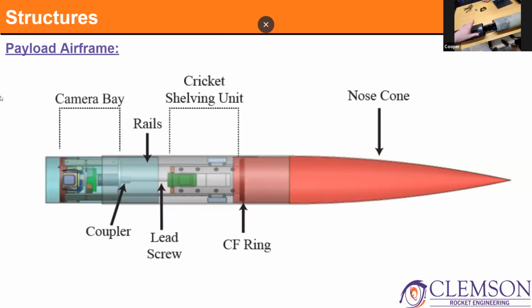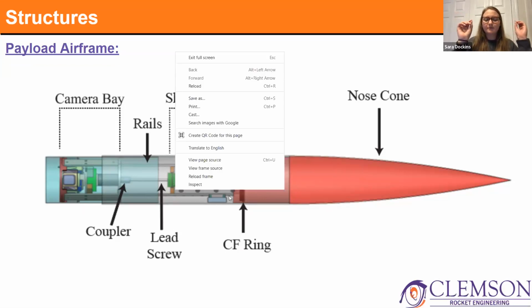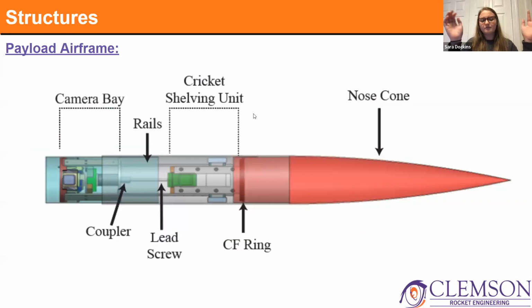So the nose cone is fixed through epoxy to a carbon fiber ring at the end of the coupler that's built into the nose cone. And on that ring, there are threaded inserts to where the cricket shelving unit also has a carbon fiber ring that lines up.